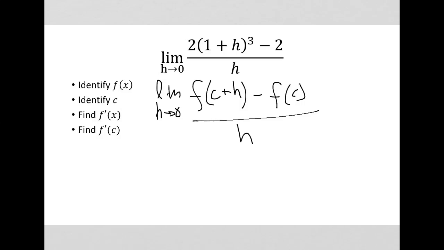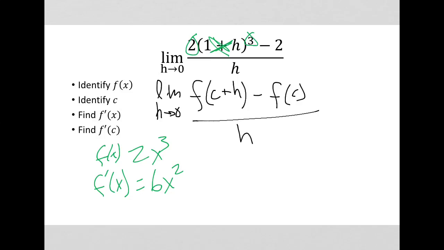So maybe that helps you identify that the function is 2x cubed. That is f of x. So we can take the derivative f prime of x and get 6x squared, and we can plug in the x value we are interested in, which is 1, to get the derivative at the x value of 1 is 6.